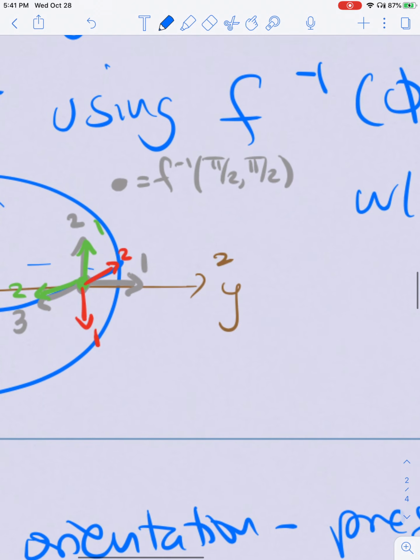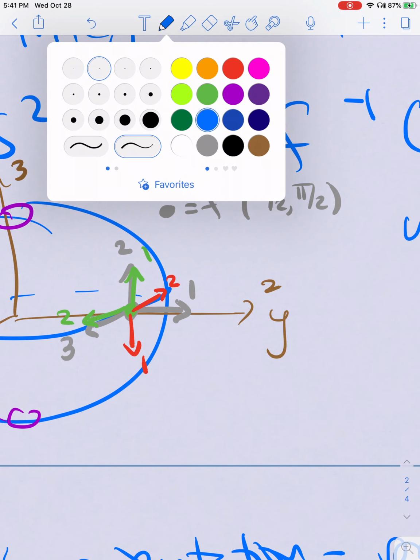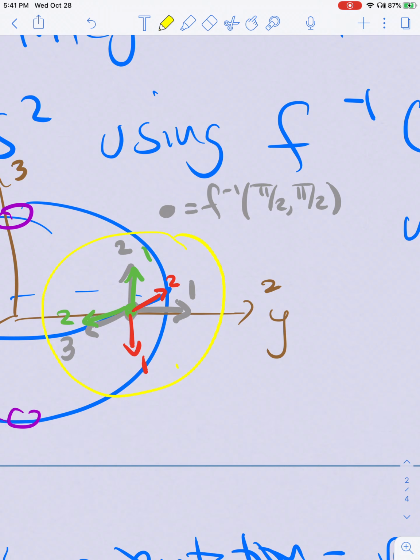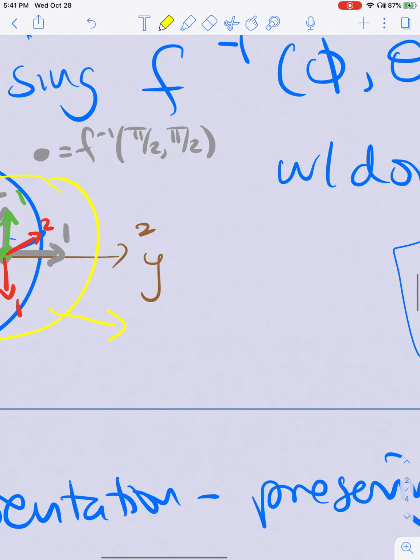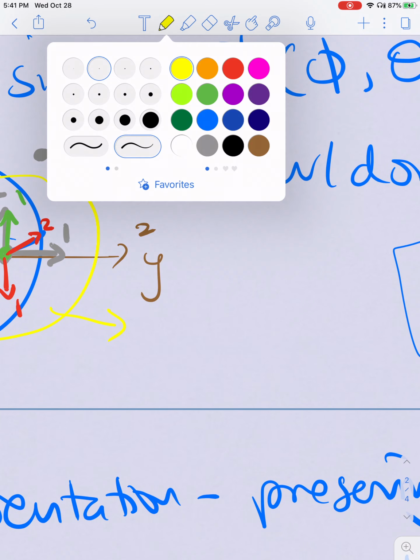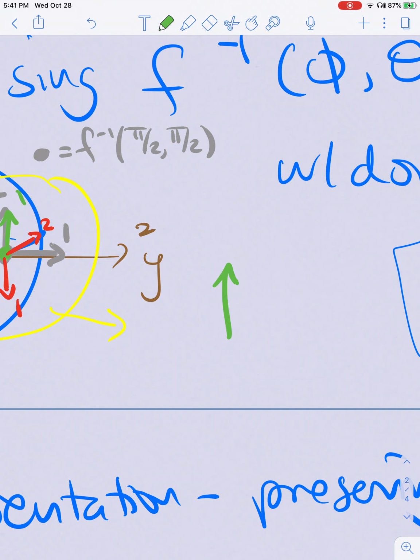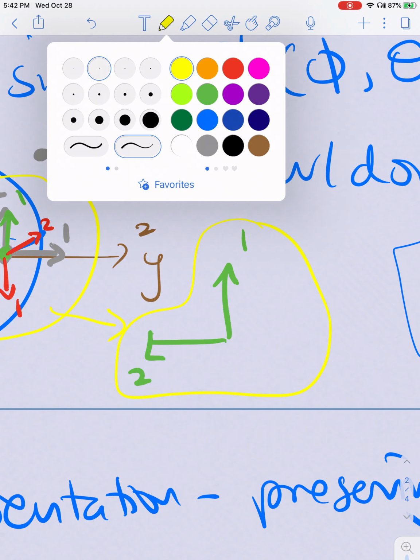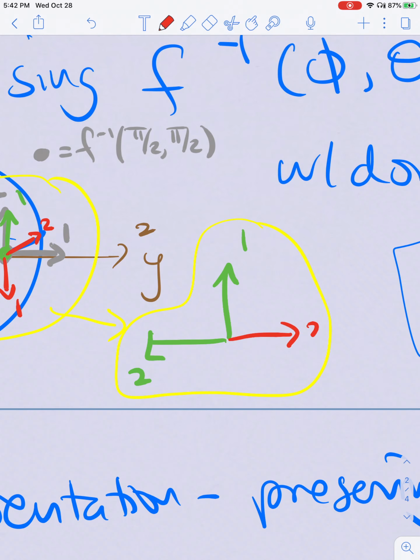So here I'll just zoom in on this blob. What I end up getting, if I were to be facing it head on, is this is 1, this is 2. And in the image of F inverse, I have 1 pointing down and 2 pointing to the right.